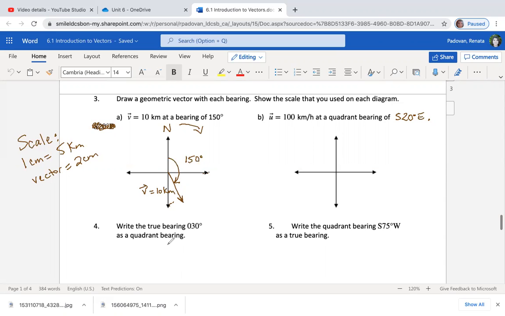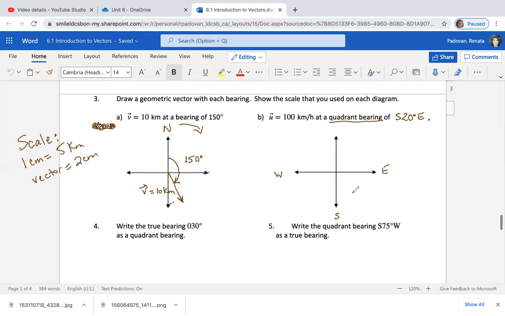And that's it. So moving on to B, vector U is 100 kilometers now per hour at a quadrant bearing. Well, they made this easy because they told us it was a quadrant bearing of south 20 degrees east. So again, when it's quadrant bearing, it's either going to start with north or south. So here's our south. Again, here's our west and east. We know that we're going in the direction of east.